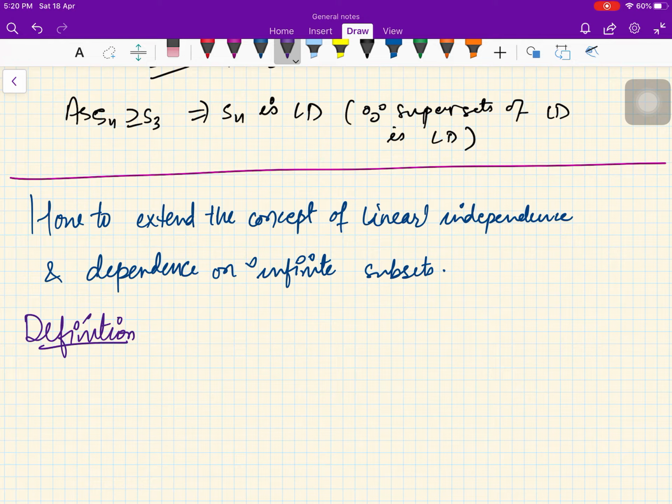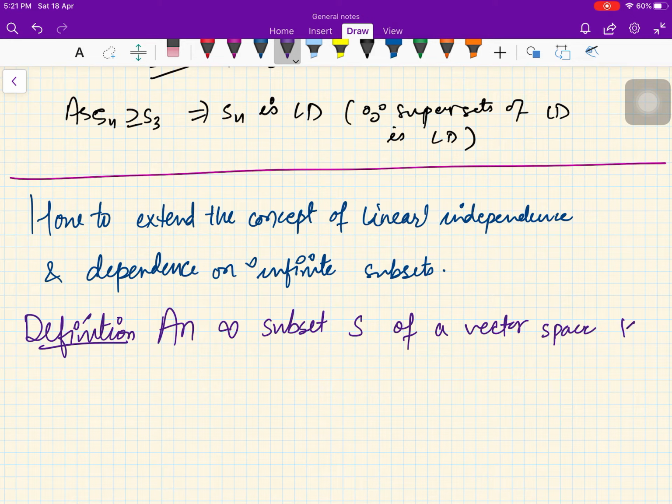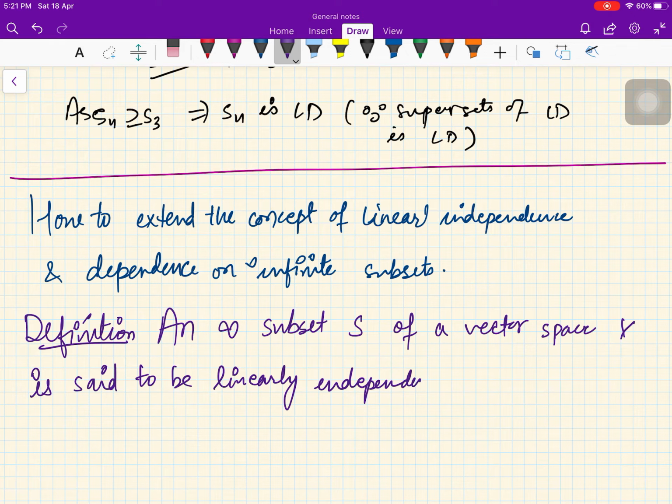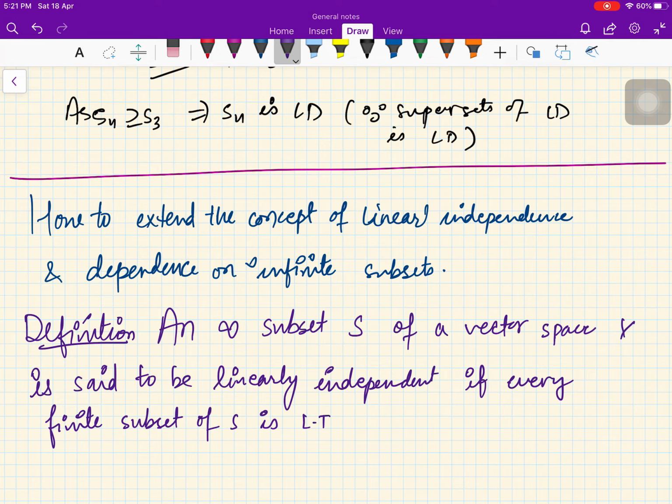So we have this definition. An infinite subset S of a vector space V is said to be linearly independent if every finite subset of S is linearly independent.